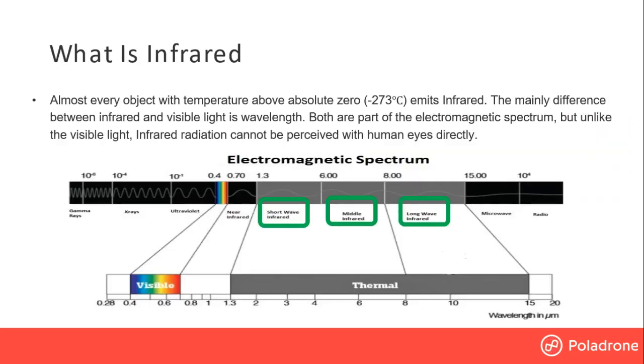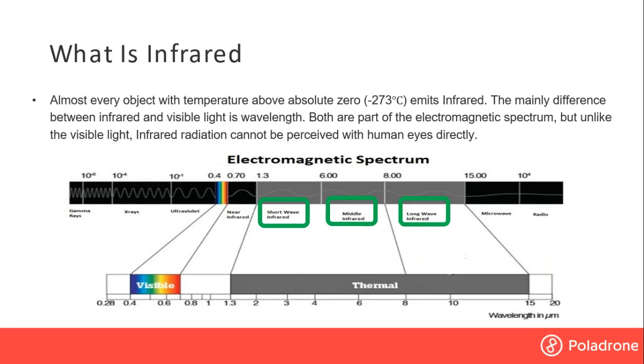So after knowing about thermal imaging, we need to know what infrared is. Almost every object with a temperature above absolute zero, which is negative 273 degrees, emits infrared. The main difference between infrared and visible light is the wavelength.